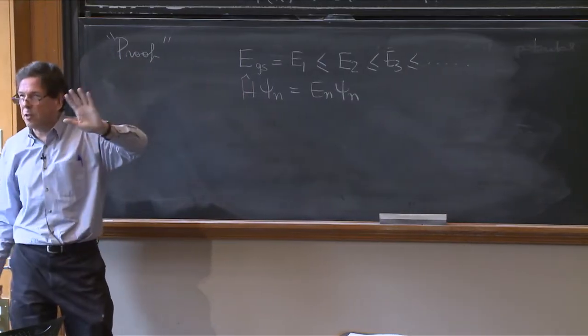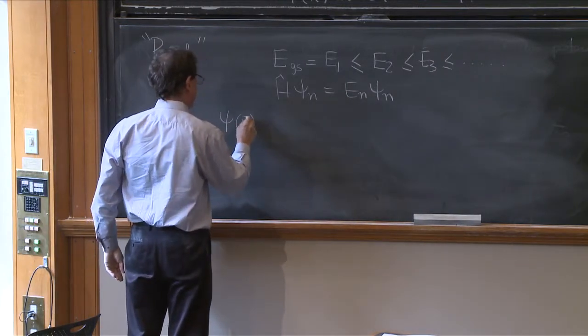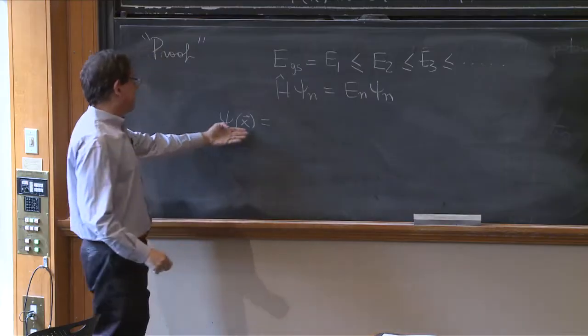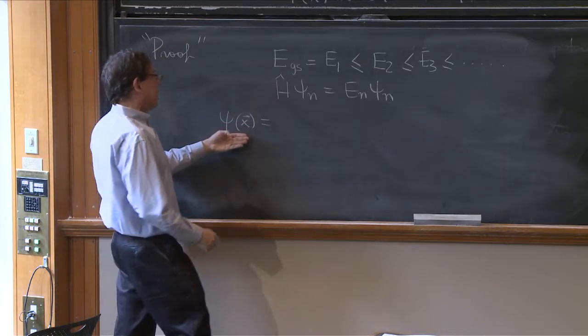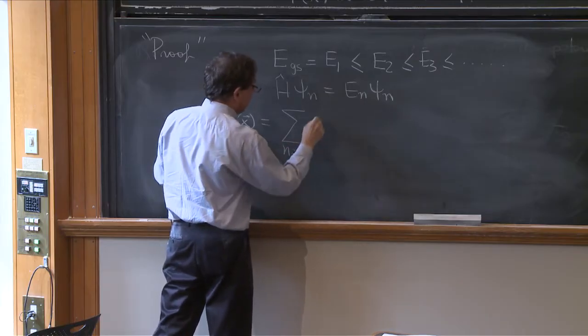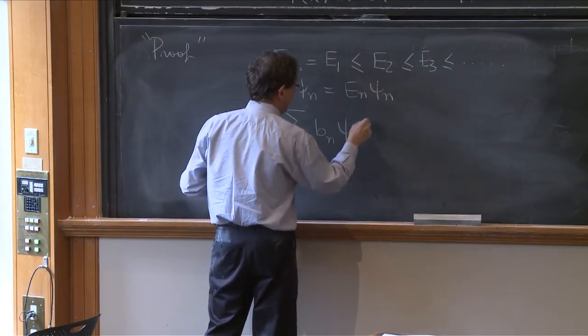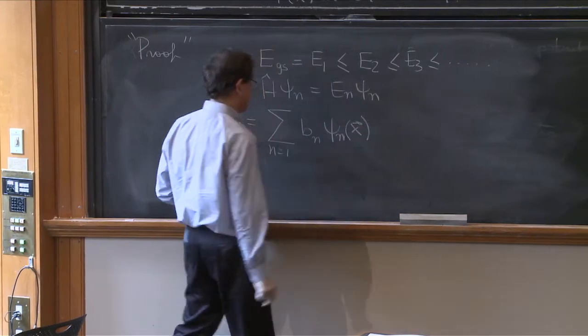So what do we have? We have a trial wave function. Since it's an arbitrary function of x, it should be expandable by completeness as a superposition of the energy eigenstates.